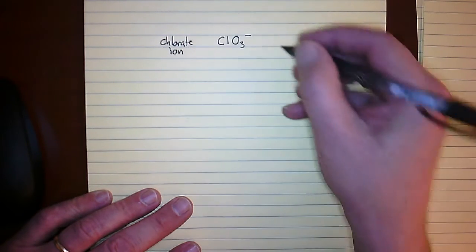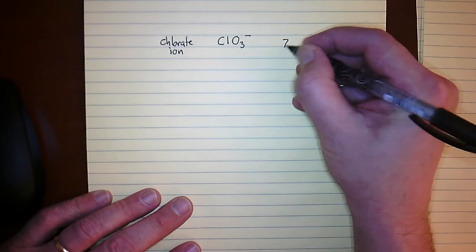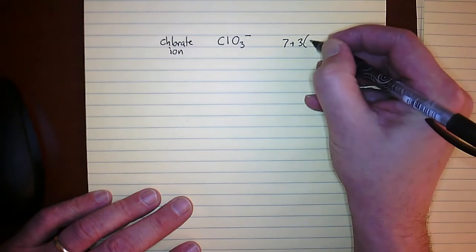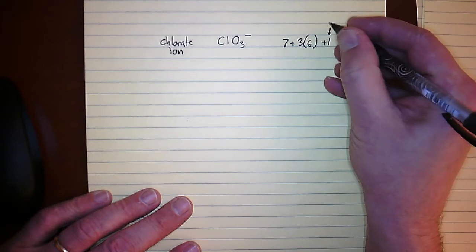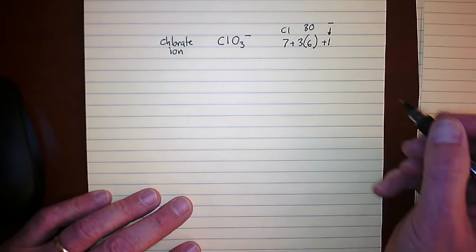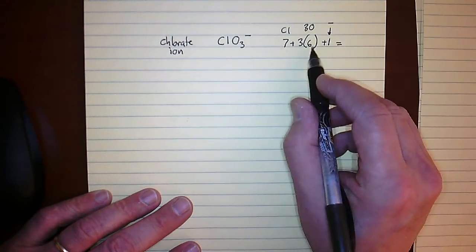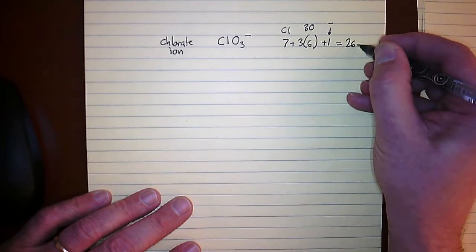If we do this, chlorine has 7, oxygen has 6, so 7 plus 3 times 6 plus 1 for the negative charge, for a total of 18 plus 7 is 25 plus 1 is 26 electrons.